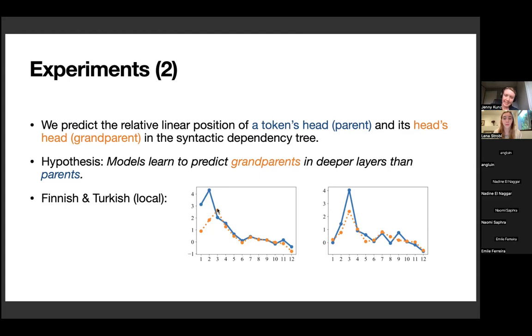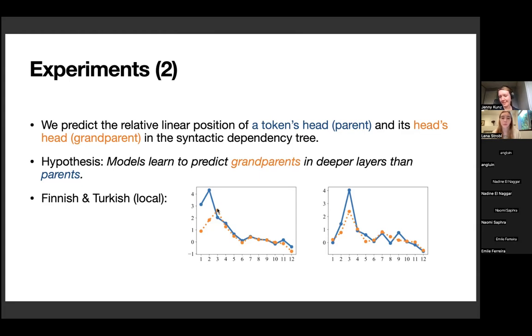There is a hierarchy, but for the Turkish model, we see that both peak in layer 3, and the curve just looks similar. So the models were kind of divided between the two patterns.